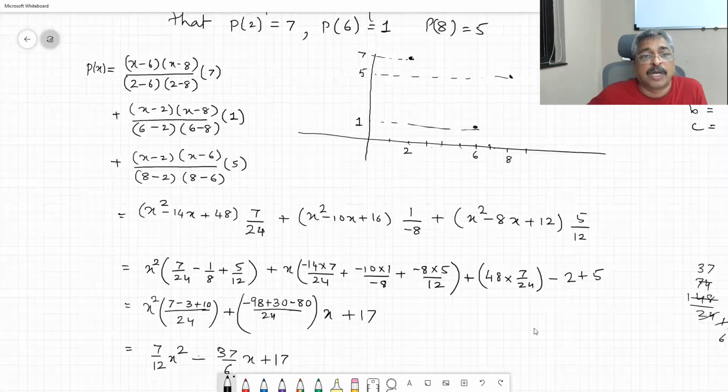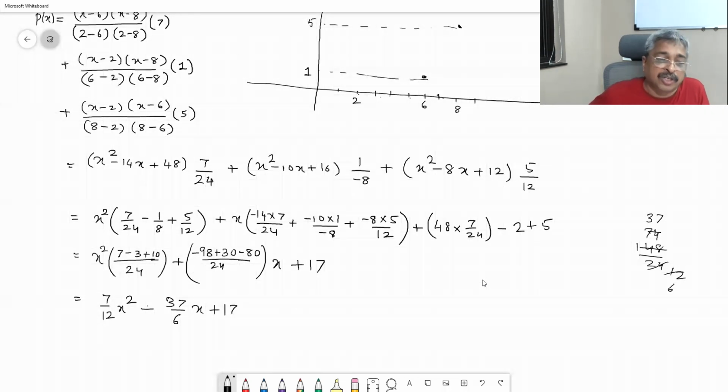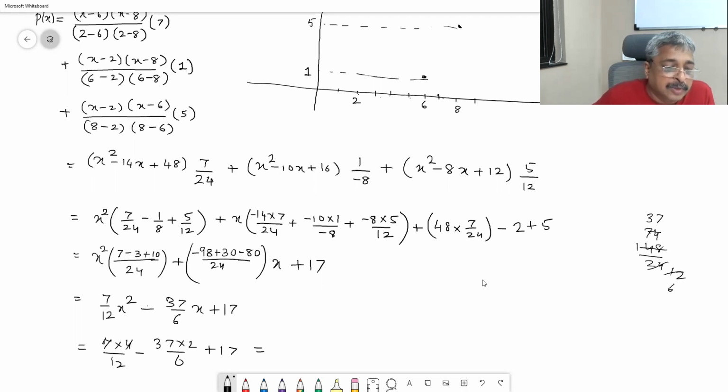I don't think I will get the correct answer because I must have messed it up somewhere or the other. The smallest number x is 2. Let us cross check. So if x is equal to 2, we get 7 into 4 upon 12 minus 37 into 2 upon 6 plus 17, which is equal to 7 by 3 minus, this is 6, so this is 3, 37 upon 3 plus 17.